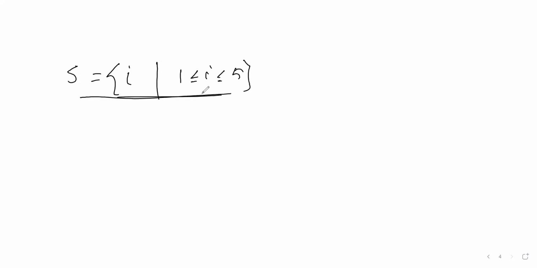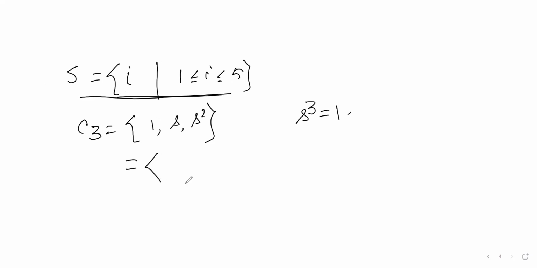This is my set builder form, right? Similarly, we have a set C3, 1, S, S square. And we see S3 is my identity, right?